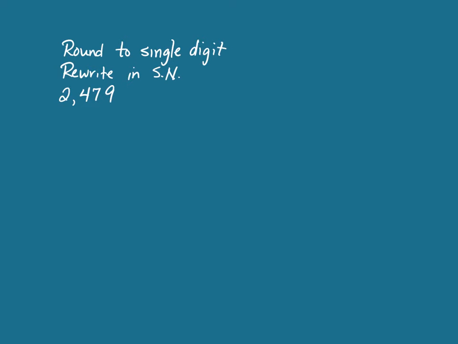So you would just round it to this front number. You would look at the 4. The 4 tells the 2 to stay the same, so this would be rounding it to 2,000. But any number that's between 1 and 10 is what we have to use for scientific notation.